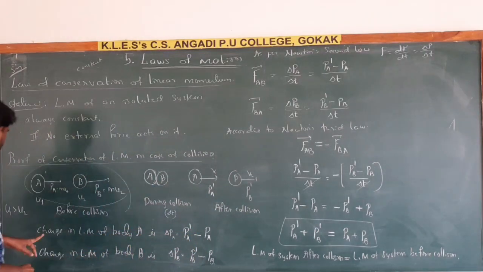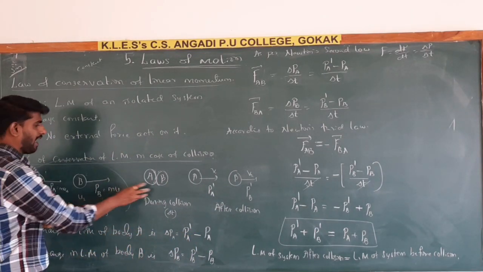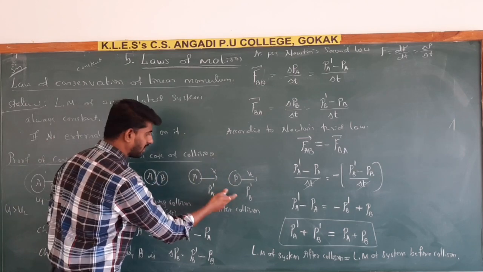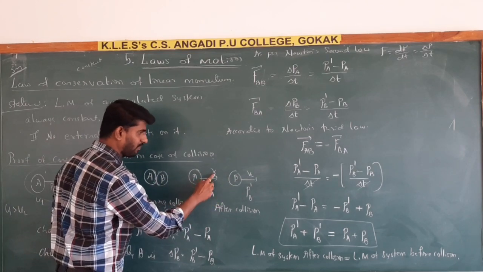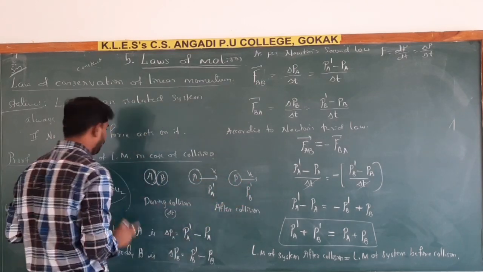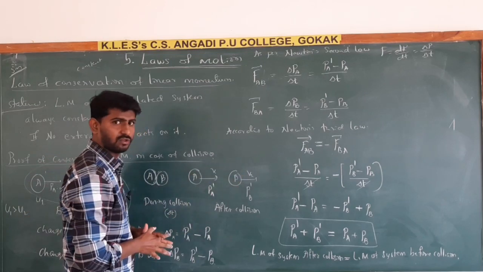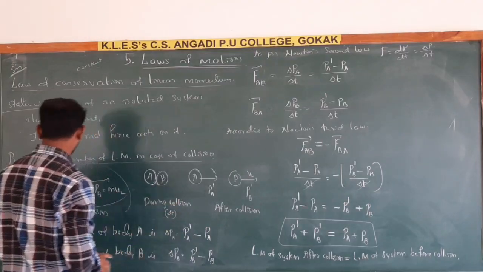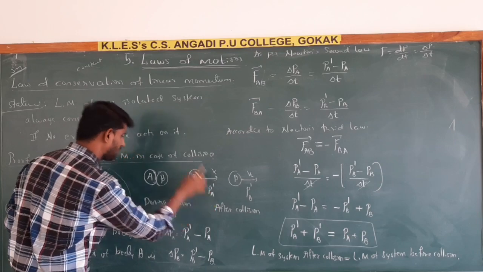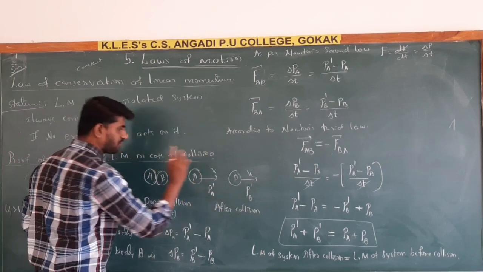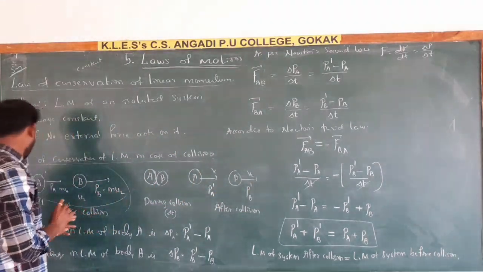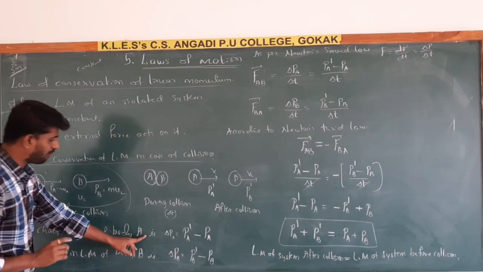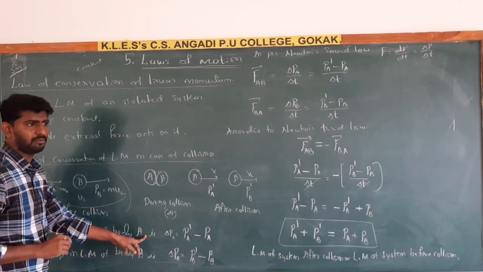During the collision and after the collision, A changes its velocity to v1 and B changes its velocity to v2. The velocities u1, u2 changed to v1, v2. So the linear momentum changes from PA to PA dash, and PB to PB dash. The change in linear momentum of a body is the final linear momentum minus the initial linear momentum.